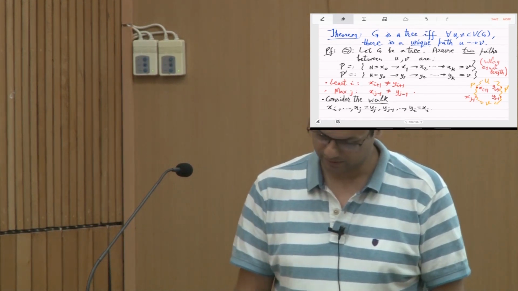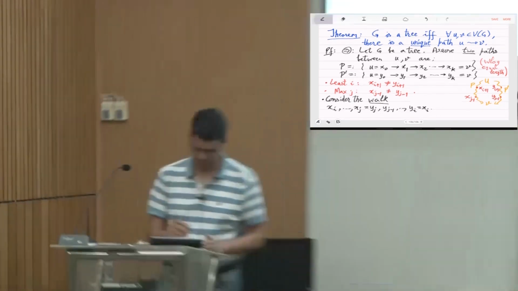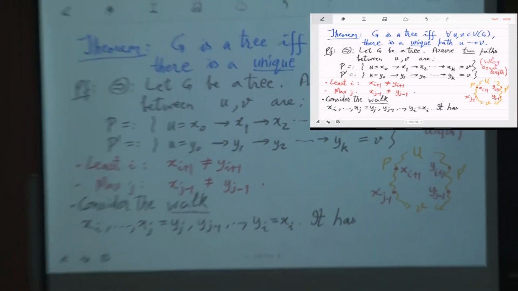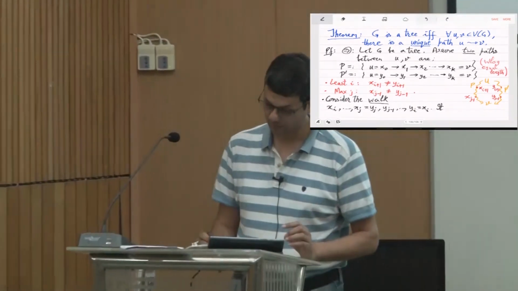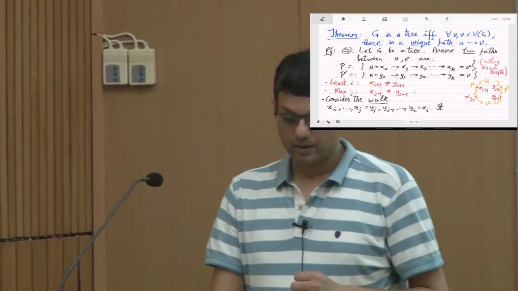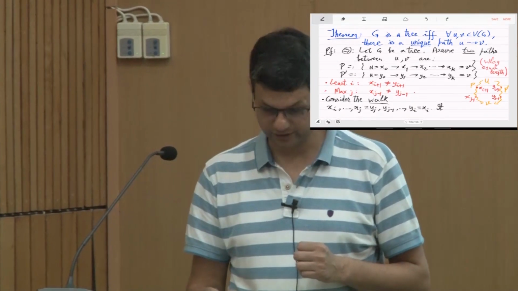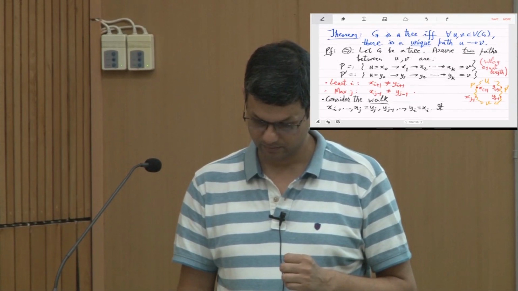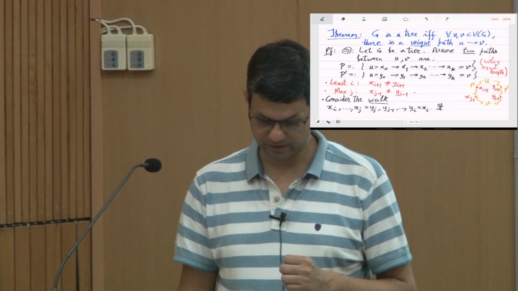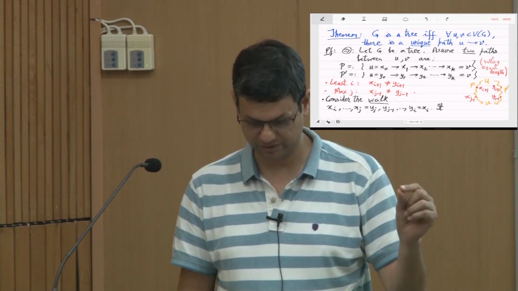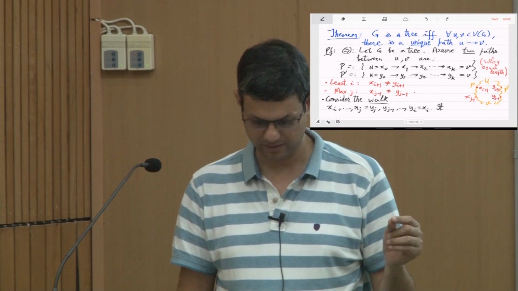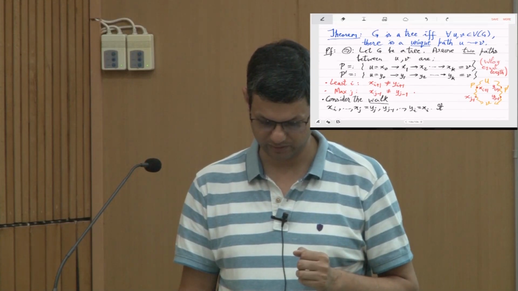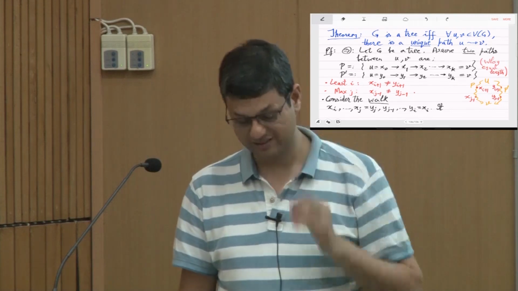So this, it has, yes. x of j minus 2, then xj minus 2, xj minus 1, and then yj minus 1. No, but what are the consecutive edges?